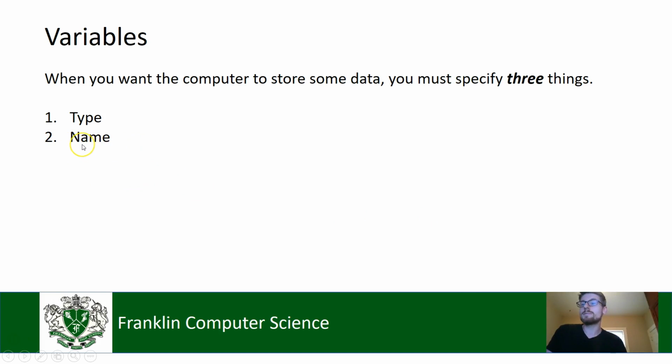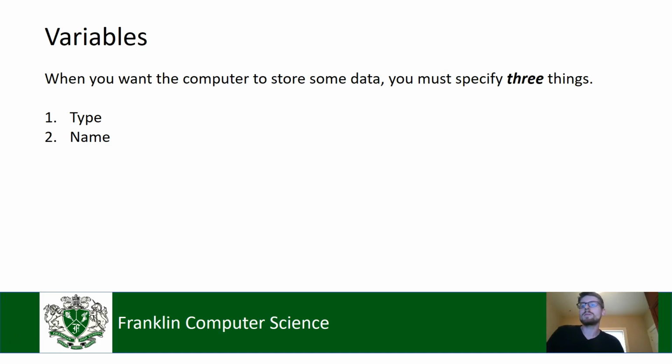Then you also have to specify the name. So how are you going to reference this data? For example, in math, when you have variables, you use x and y. Those are usually pretty bad names for variables in programming because they lack any kind of context of what the situation is.